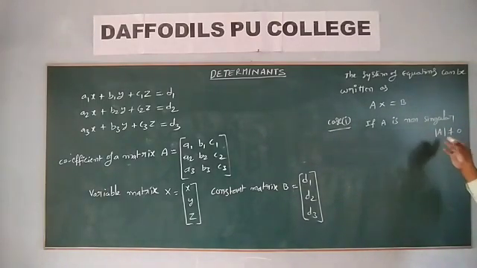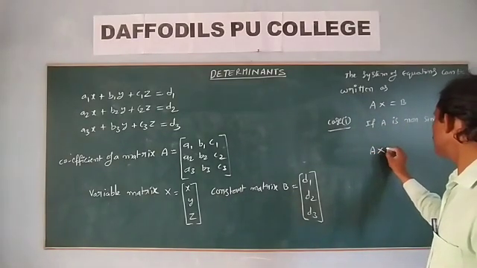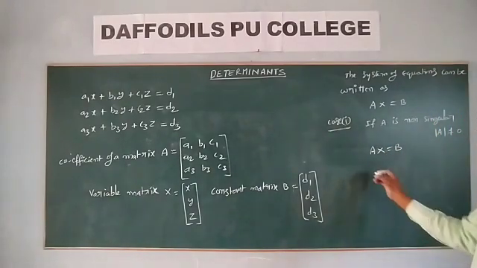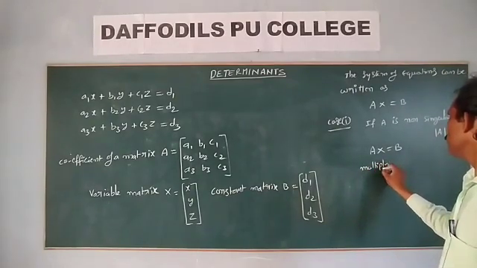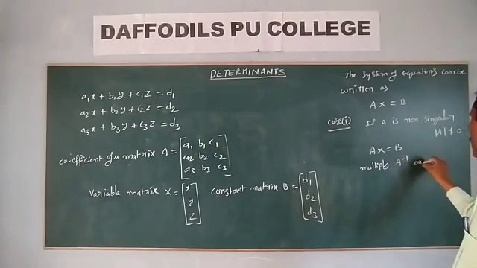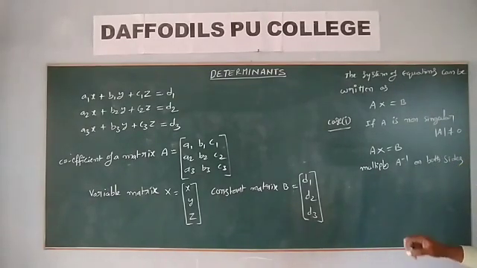The system of equations can be written as AX is equal to B. Multiply A inverse on both sides.